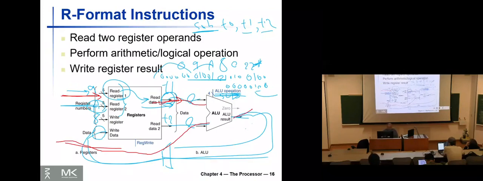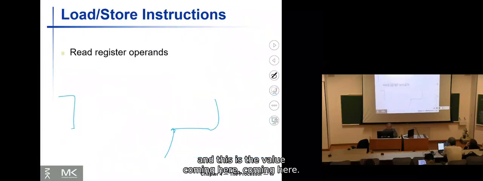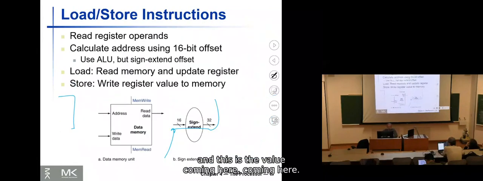And this is, let me write something for you. For example, I put ADD here, and this is the value coming here. The ADD has been calculated by the ALU. It is coming here, and since it is a load, then the memory read signal will be activated.